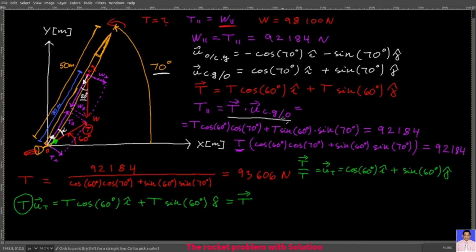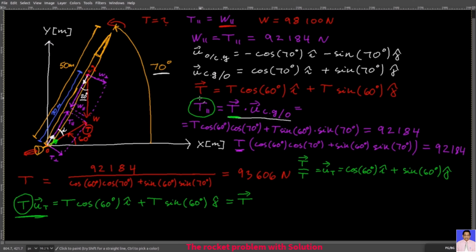And now this unit vector is not in the direction of the thrust force, but in another direction. And the purpose of this operation is to project the thrust force onto the line parallel to that other unit vector. And here, the result is a scalar. So here, I'm decomposing the existing vector, and here, I'm projecting my vector onto another line.